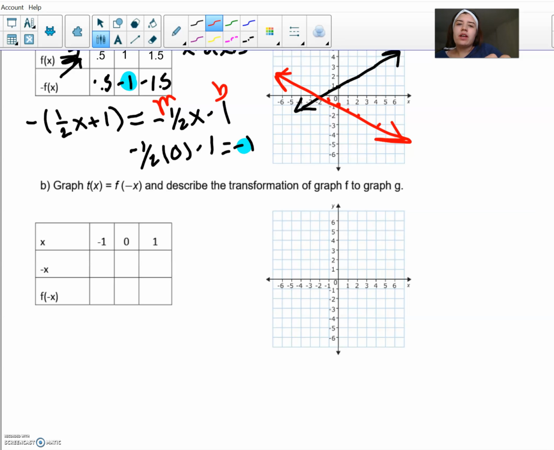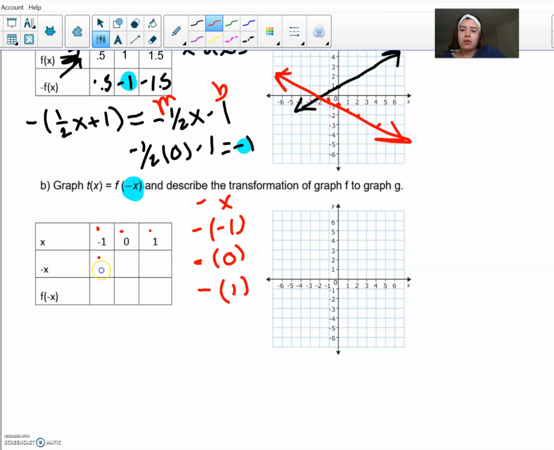So our negative sign for this is applied to the x on the inside. So what we're going to do is we're going to take our x values, -1, 0, and 1, and we're going to plug them into a negative x. So we're plugging in our negative sign and then our x's.